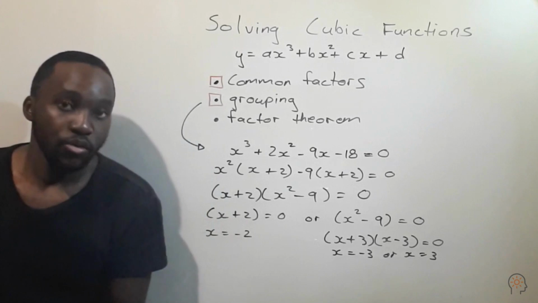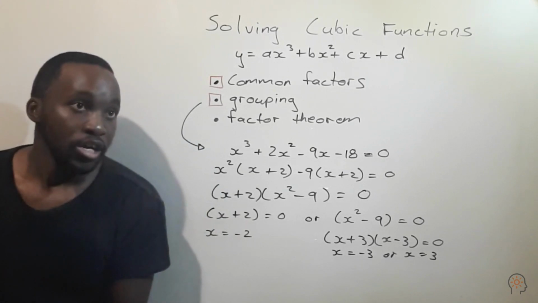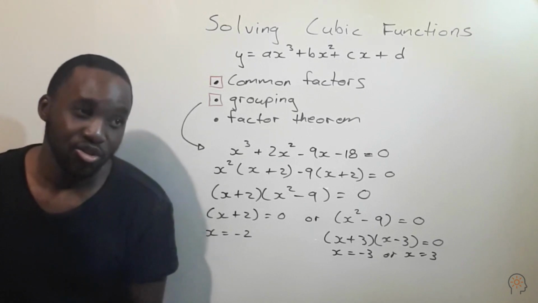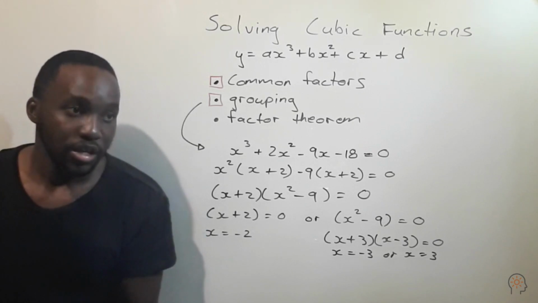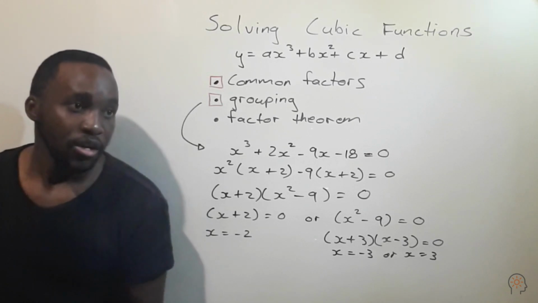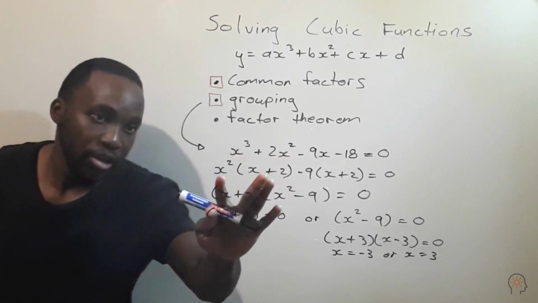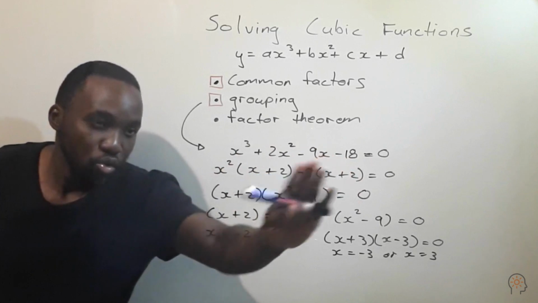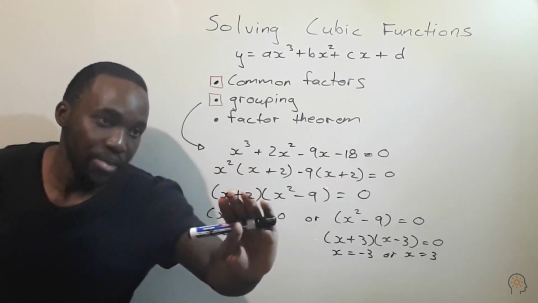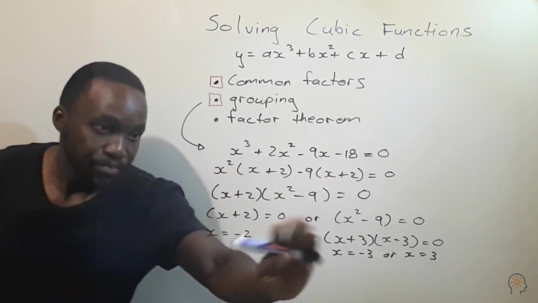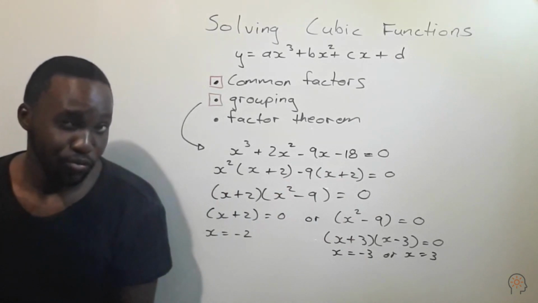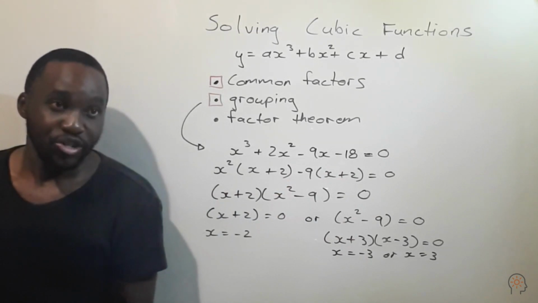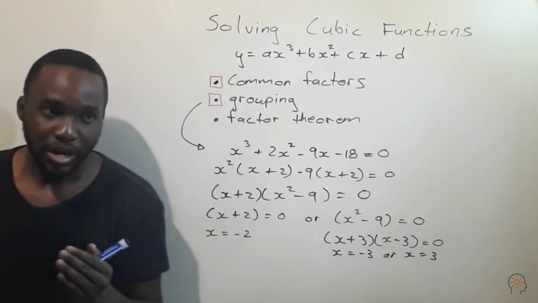So another way to solve cubic functions is using grouping. We will not get so many of these, but it's something you want to keep in mind. We say these two have x squared as a common factor, these two have negative 9 as a common factor, so you can take those out, then factorize and eventually solve for x. It's another method which you are somewhat familiar with from grade 11.